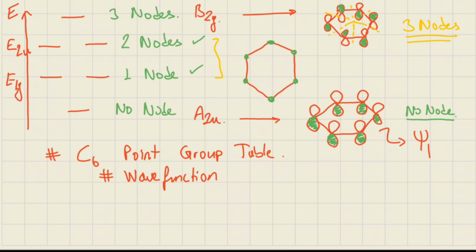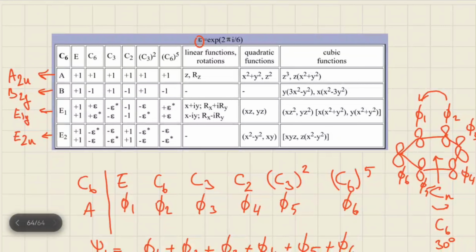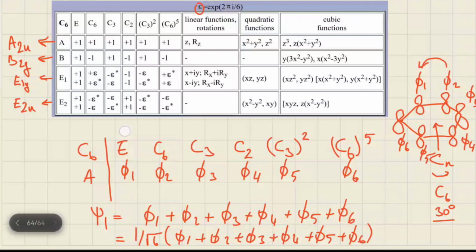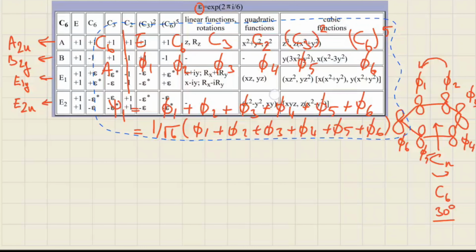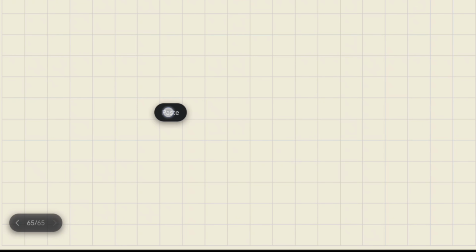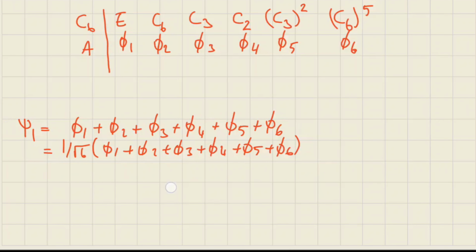So it can be represented like this, and I can apply the B, for instance. So I will take this part and I will copy it. So this is our first wave function.